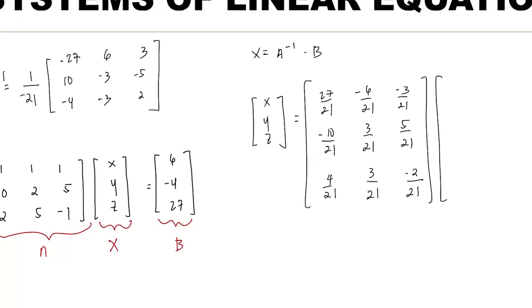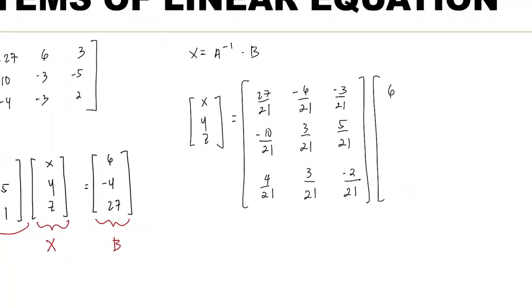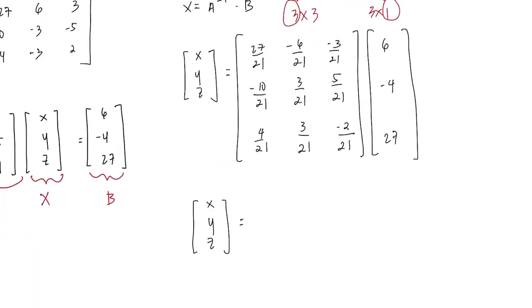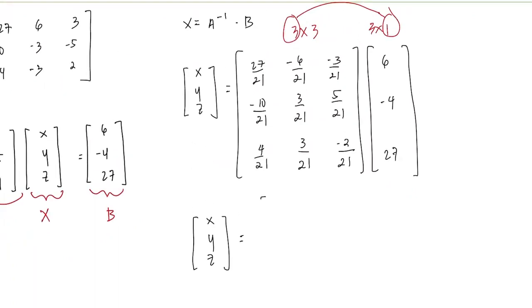Multiply natin ng b natin na 6, negative 4, and 27. Okay, yan yung size natin is 3 by 3, tapos 3 by 1. Okay, magiging sagot natin is a 3 by 1 matrix, which is yun yung required natin. Okay, x, y, and z. This will be 27 over 21 times 6 plus negative 6 over 21.